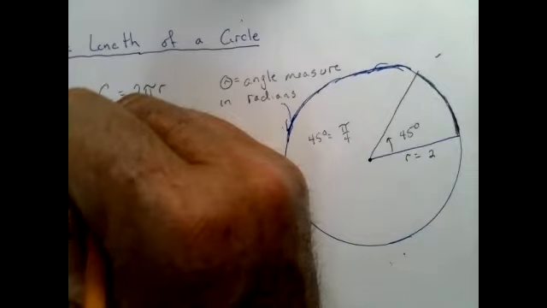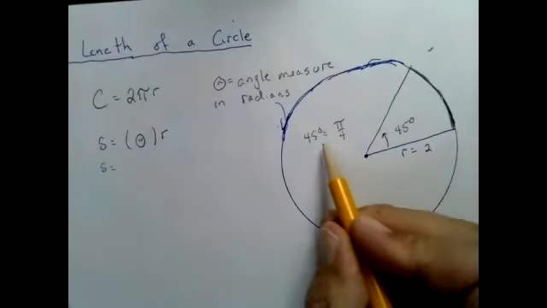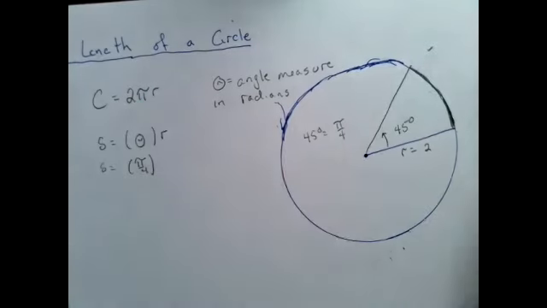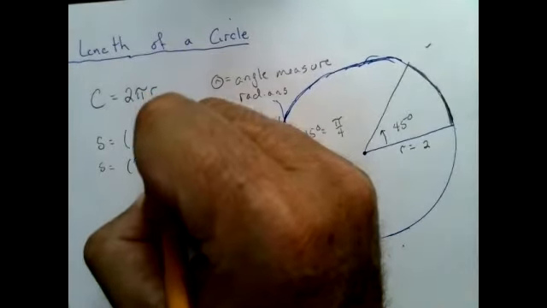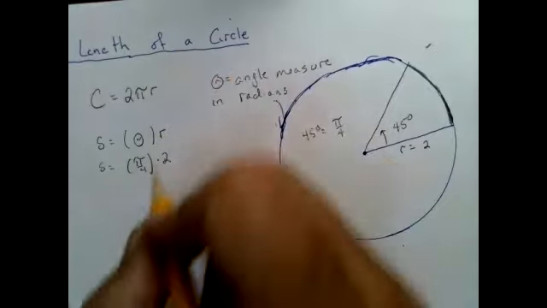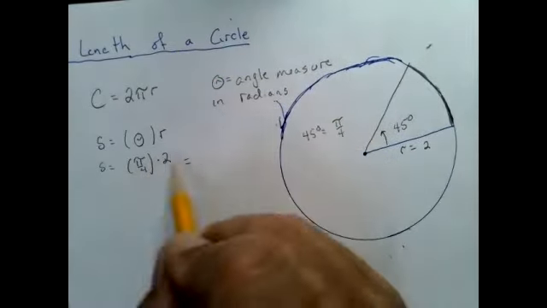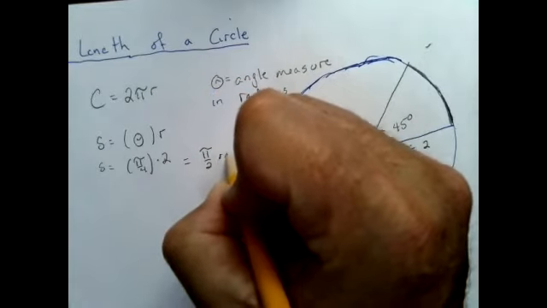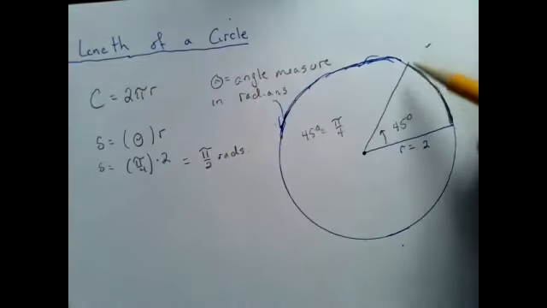So now I'm going to say the arc length equals theta in radians, pi over 4, times radius, times 2. And I'm going to end up with an exact value of 2 pi over 4, or pi over 2 radians. That's how long this would be.